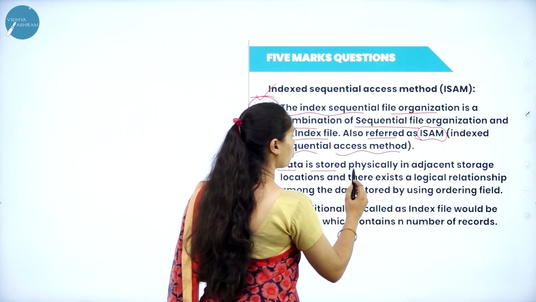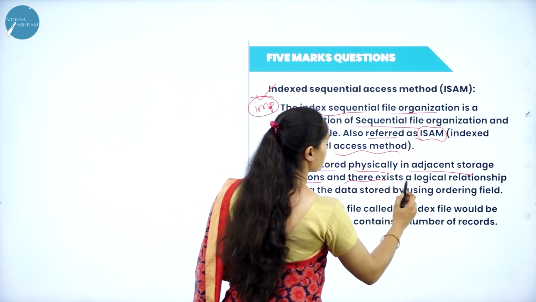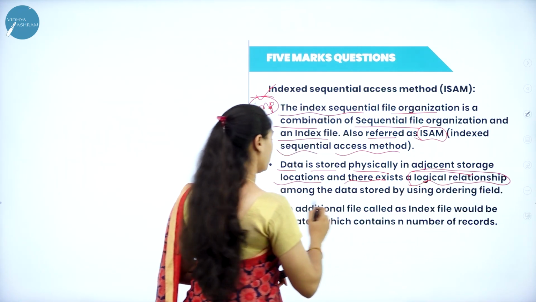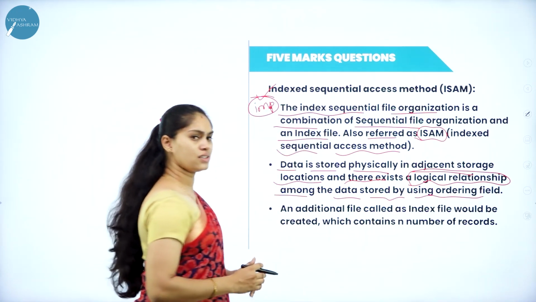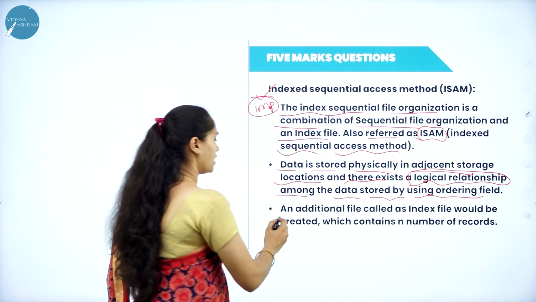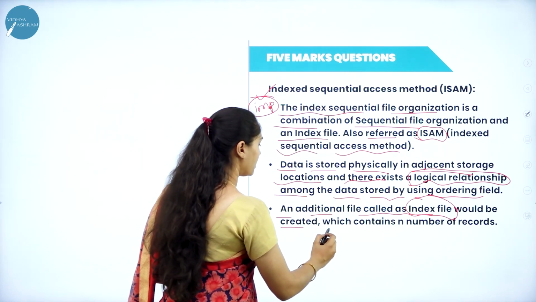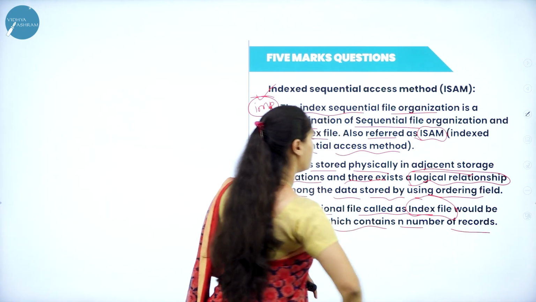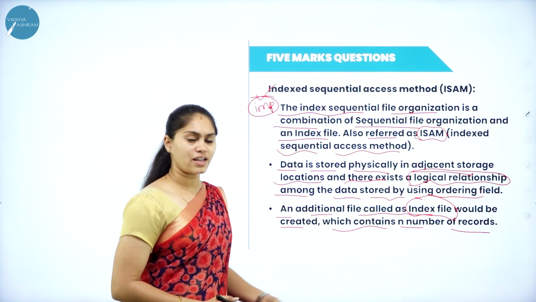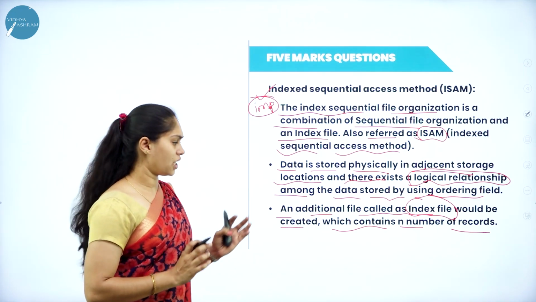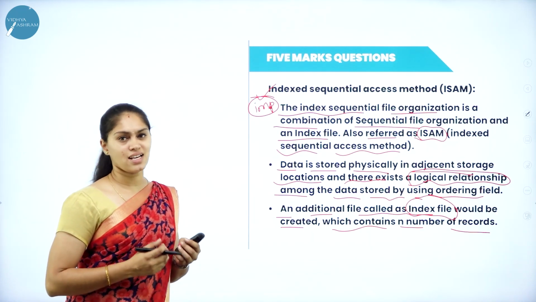Here data is stored physically in adjacent storage locations, and there exists a logical relationship among the data, stored using an ordering field. An additional file called the index file is created, which contains the records. So accessing, organizing and manipulating n number of records can be easily done with the help of ISAM.